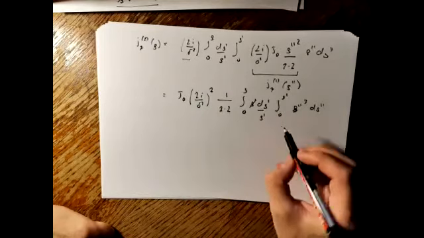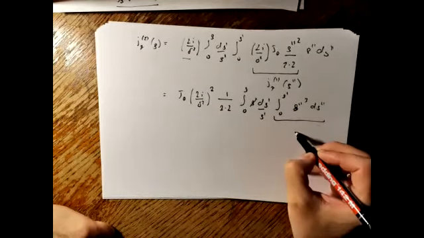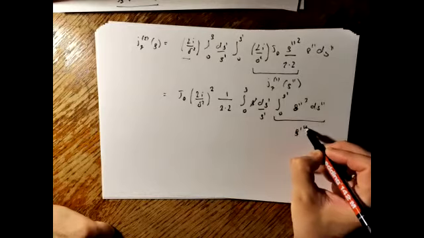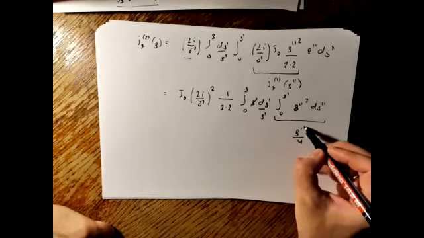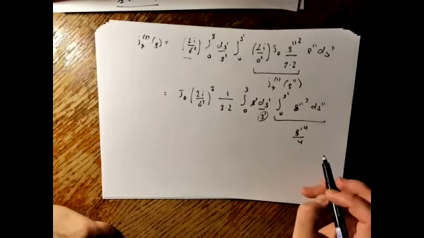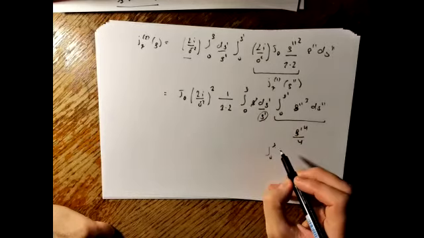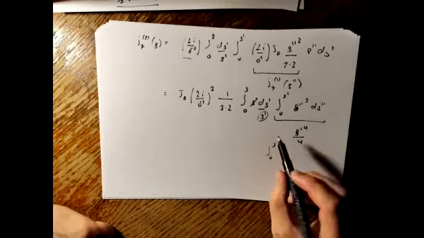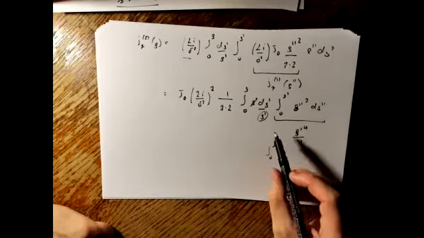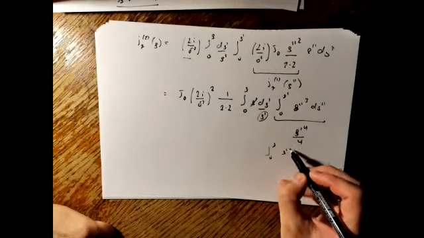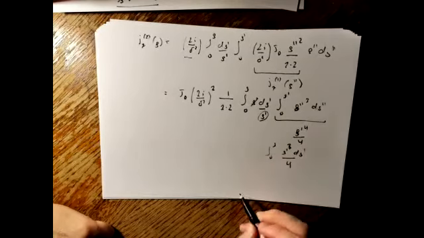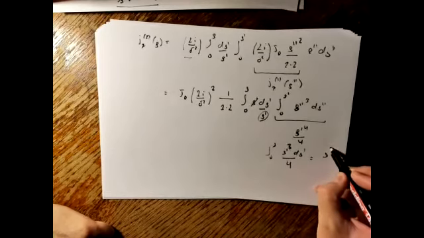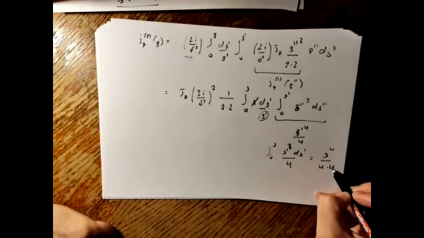First we have to do this integral. That gives us rho prime to the fourth divided by 4, and then we divide by rho prime. So the last integral is going to be rho prime to the third, because we divide by rho prime, d rho prime, but there's that 4 there. So we get rho to the fourth divided by 4 times 4.